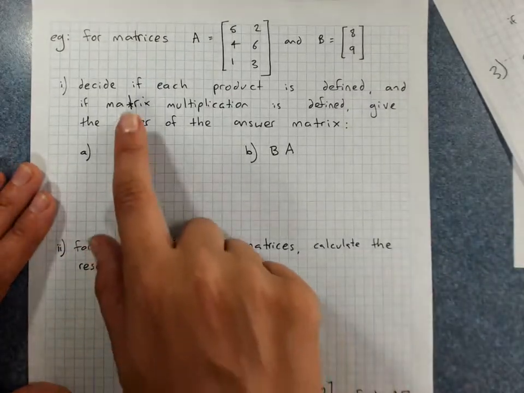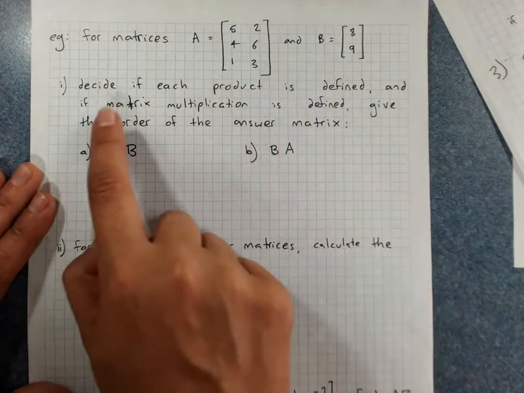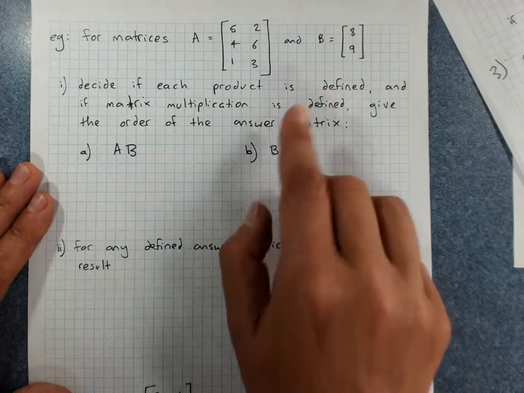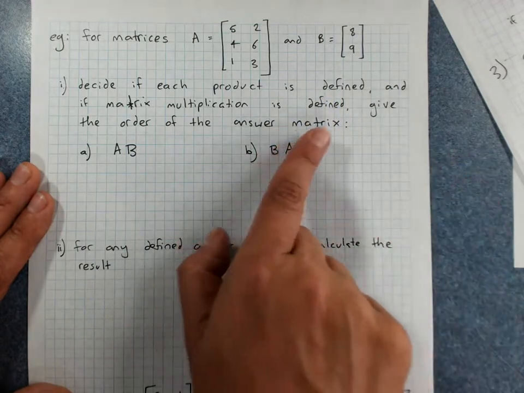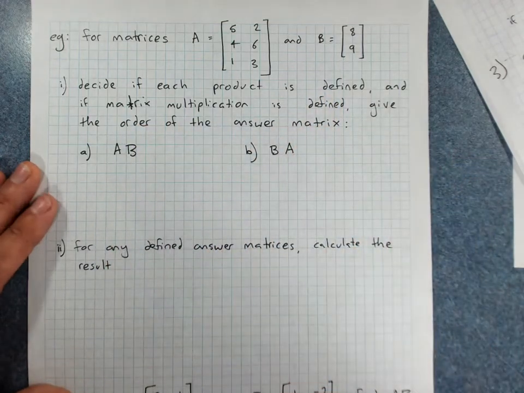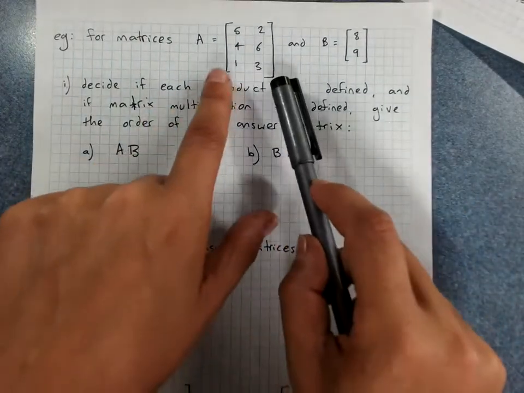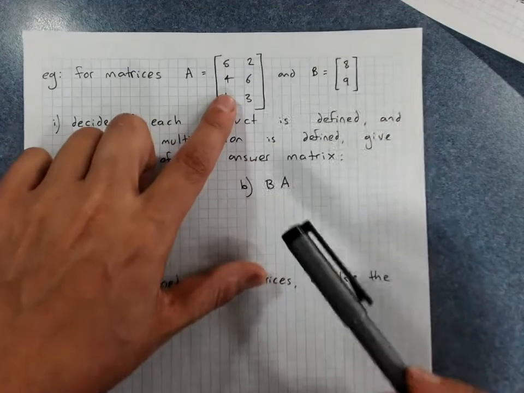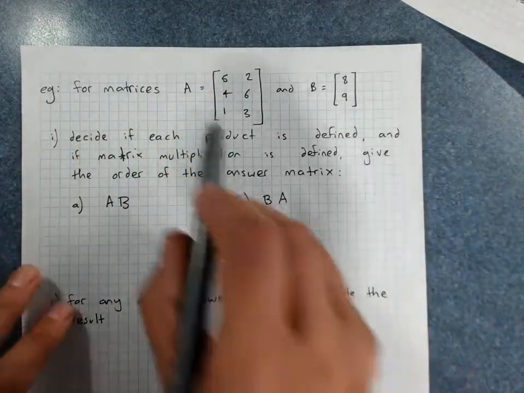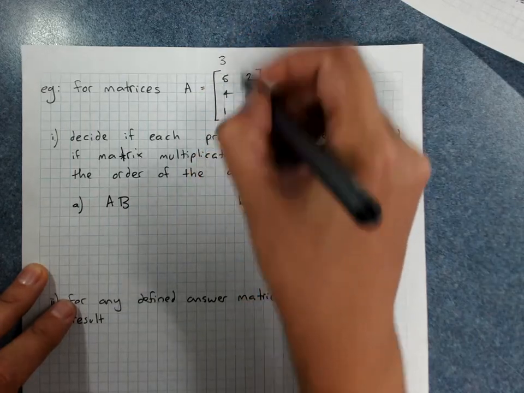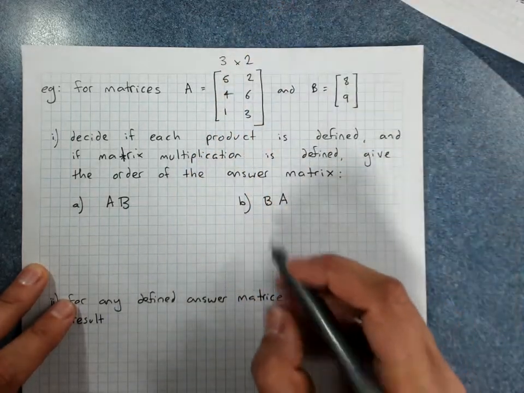So for matrices A and B, decide if each product, these two, is defined and give the order of the answer matrix if it is. So if I'm multiplying A by B, start by putting the order of your matrix. A has 1, 2, 3 rows, 1, 2 columns.